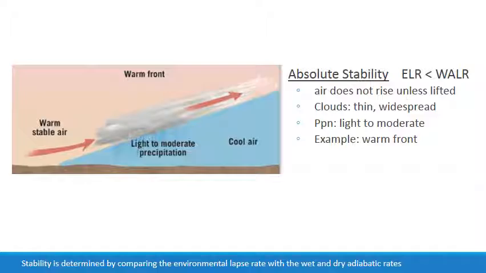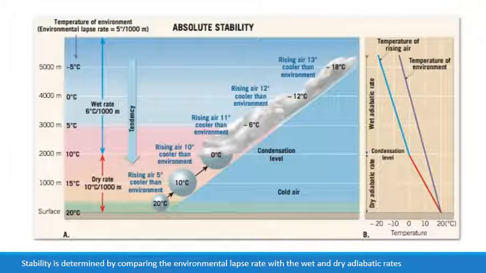And you can see in this case, there is wedging of warm air over cooler, denser air. So in a simple picture, this is what absolute stability looks like in the real world. To make things a little bit more complicated, this is the same process.